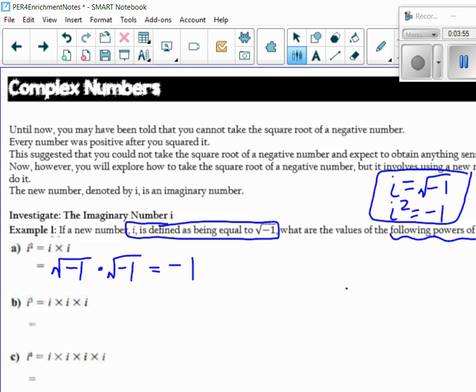So negative 1 is what i squared is equal to. After you know that, what would i to the power 3 be equal to?